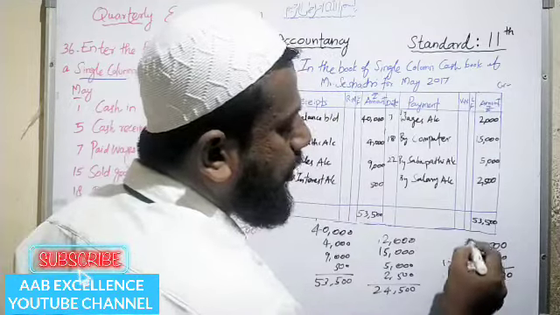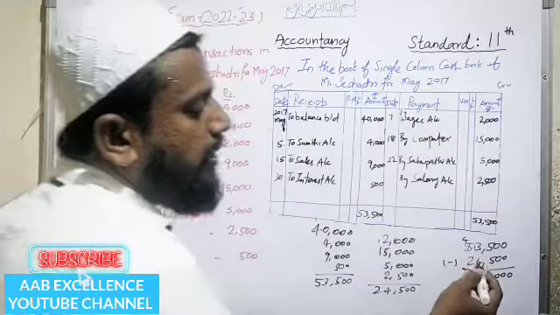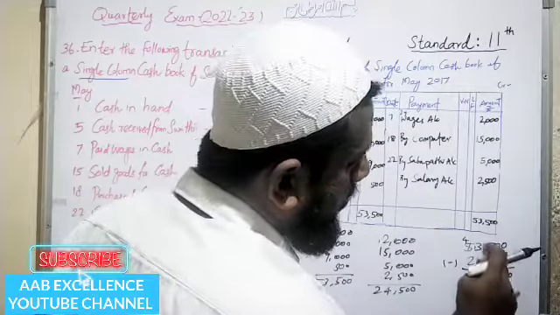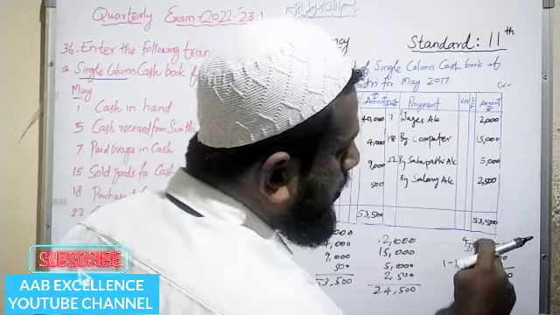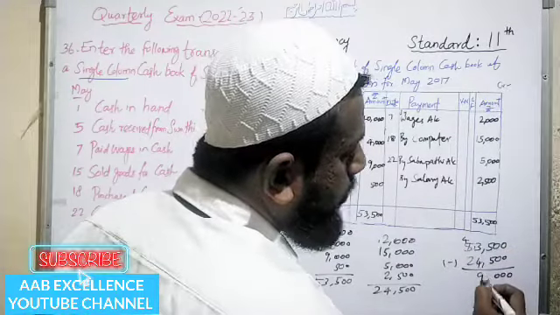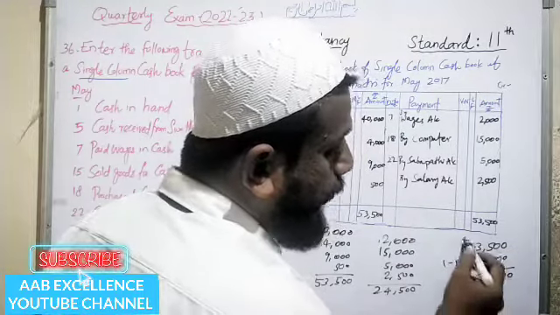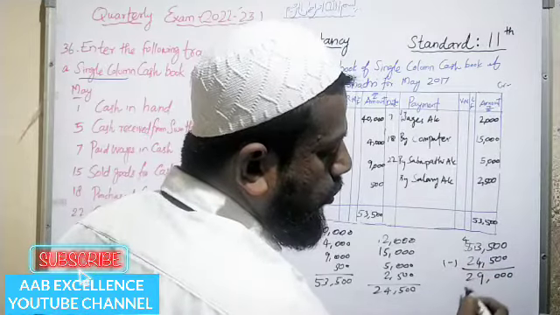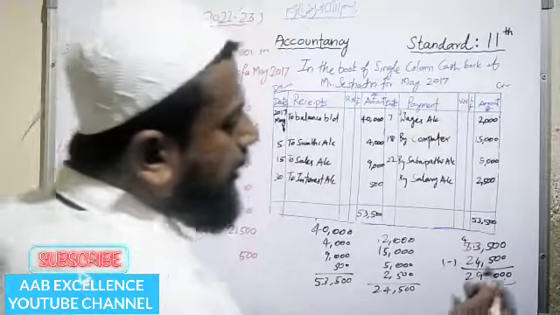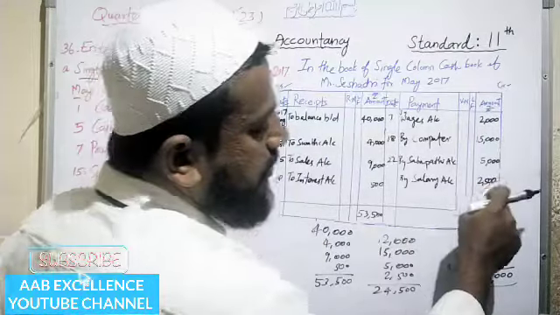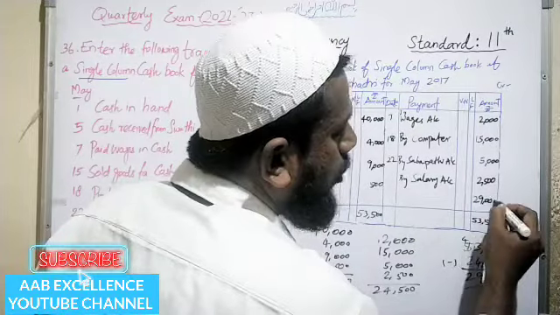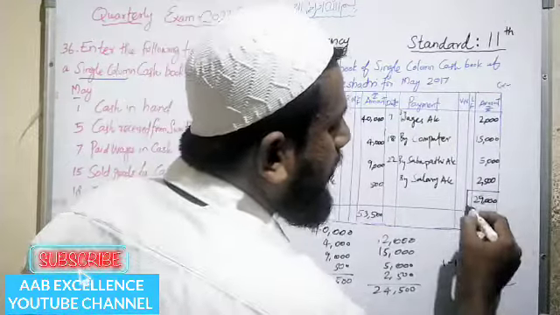So we have to borrow 1, then 4. 13 minus 4, 7. 13 minus 4, 4. 5 plus 3, 8. 9, sorry. So 9. So 2 minus 4 minus 2, 2. 29,000. Okay, students. So 29,000 is a balancing figure. So this side is the difference. So 29,000 rupees is a balancing figure.